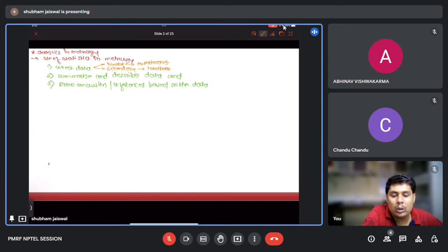Okay. So in terms of analytics, if we see these three types, then we can say that the collection of data is nothing but the predictive analytics, and the summarization and description describing a data can be known as descriptive analytics.